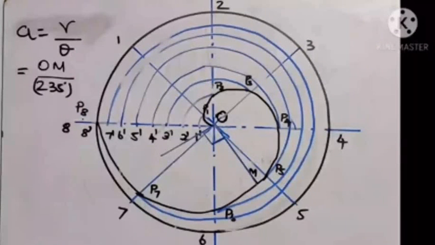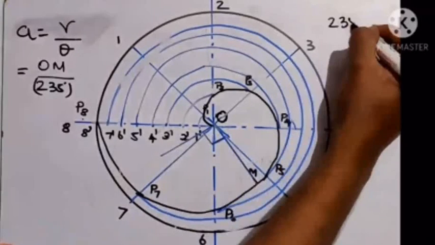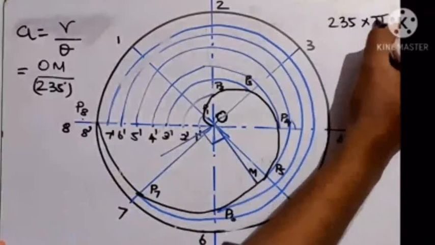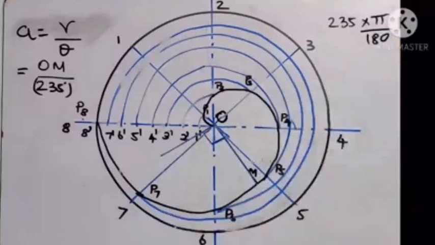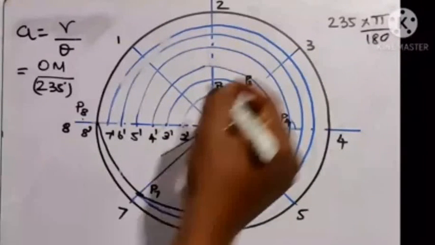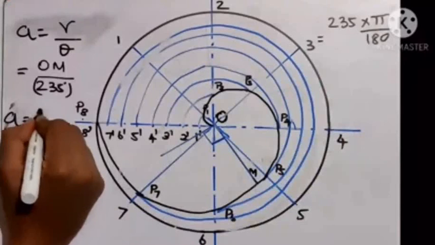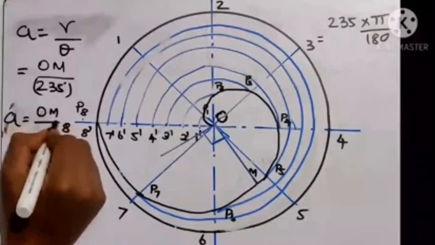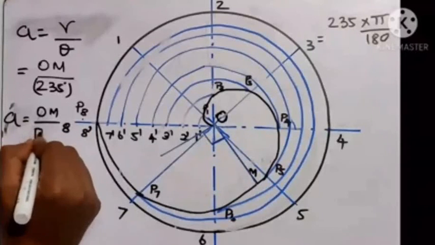I hope you know how to convert that into radians. If not, 235 into pi divided by 180. If you do that, you will get radians. We'll get some value. So you will get A as the OM distance divided by that angle in radians.